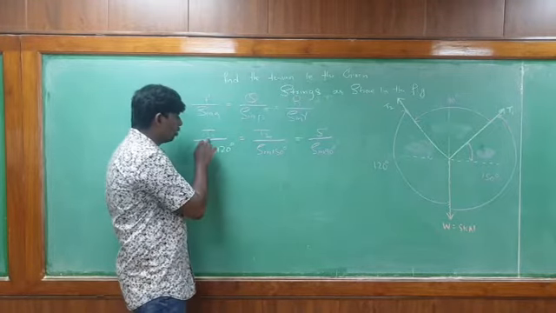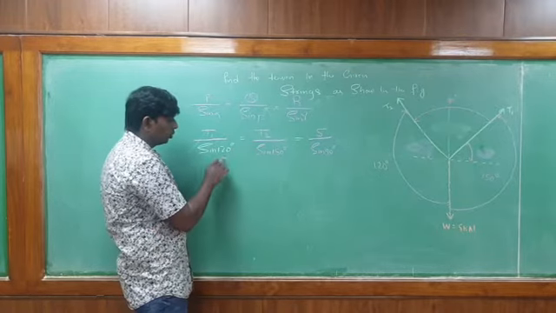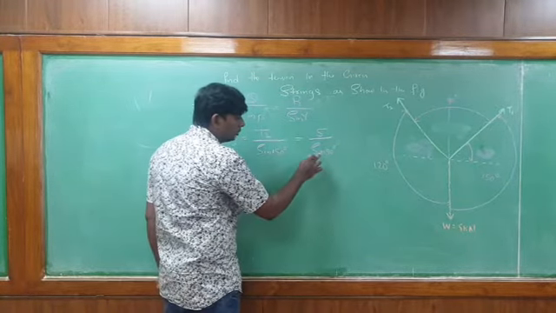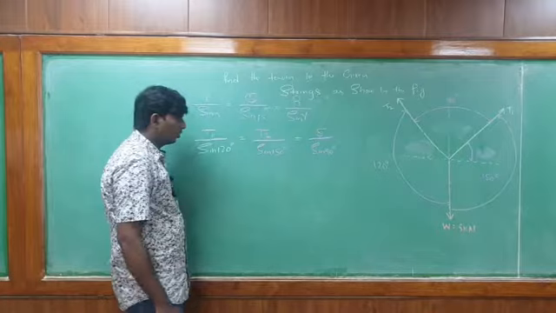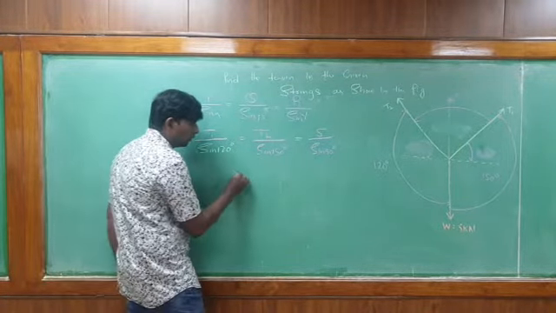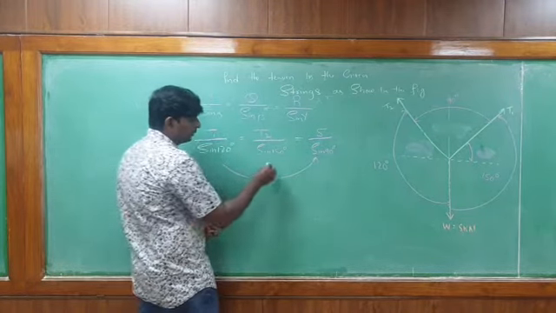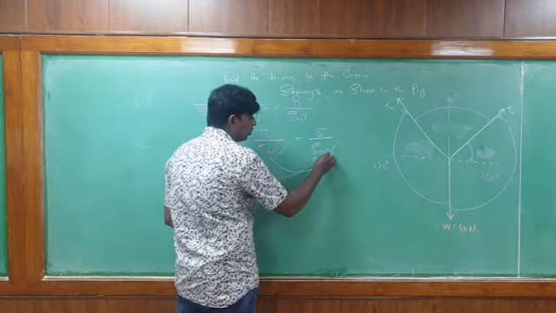Now you have to find the value of T1 and T2. Here two unknowns are there and one known. So what you have to do: first to last, second to last.